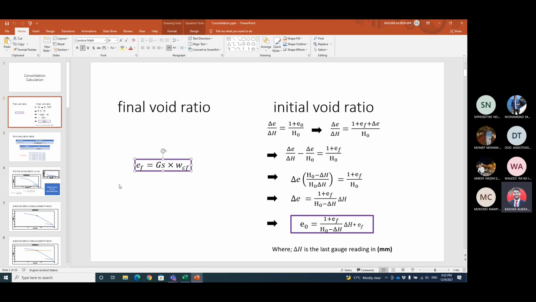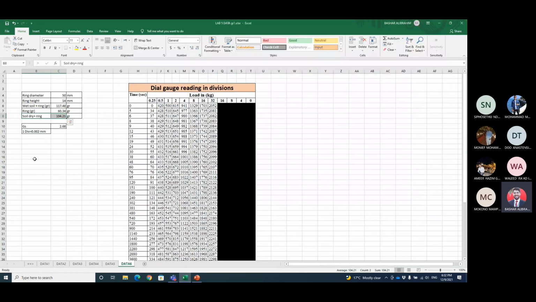Here, first of all, the first thing we need to do is to find the water content of the sample in order to evaluate the final void ratio. So I will find the water content. We know that the water content is mass of the water.